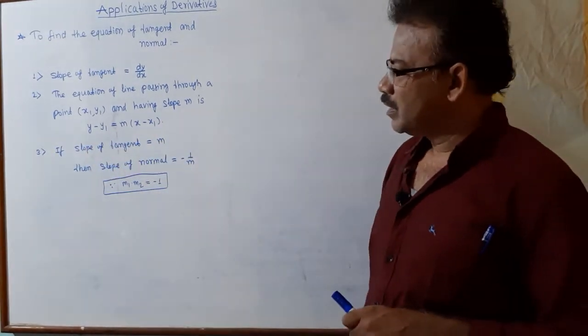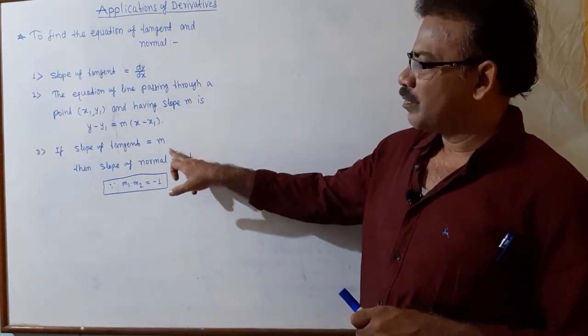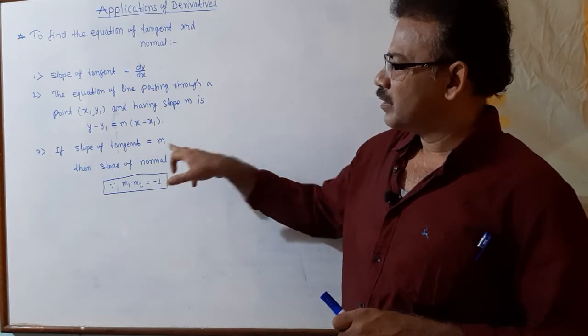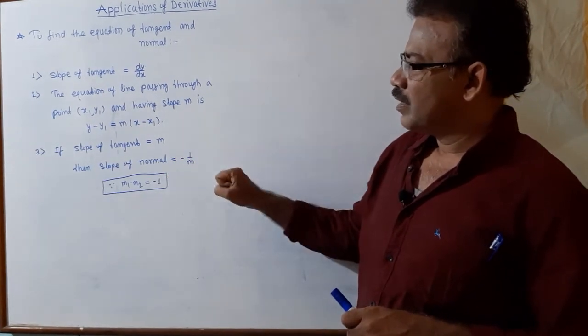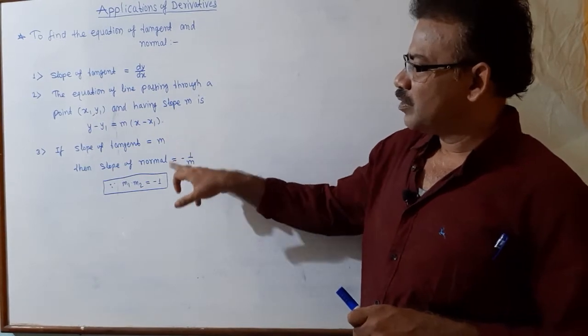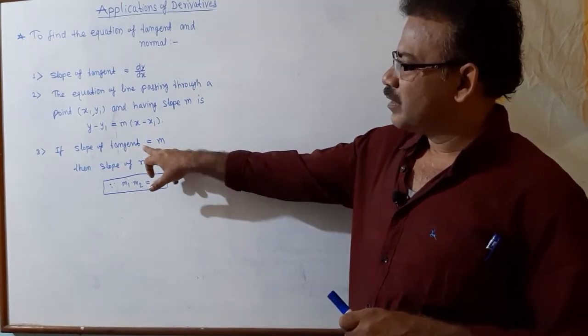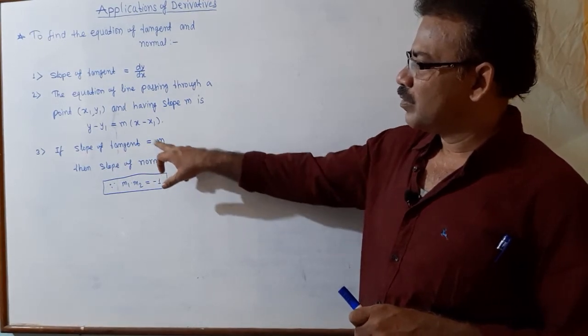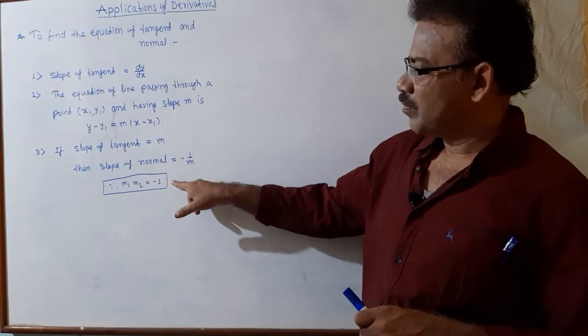And third point is, if you know the slope of tangent and that is m, then you can find the slope of normal. That is, take a minus sign and the reciprocal of the slope of tangent. If the slope of tangent is m, then the slope of normal is minus 1 upon m, because tangent and normal are perpendicular to each other, and we know the formula m1 into m2 equals minus 1.